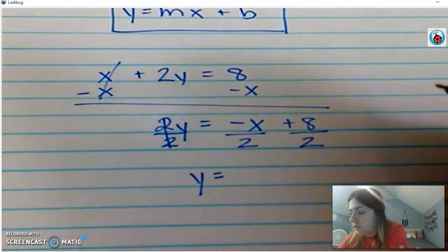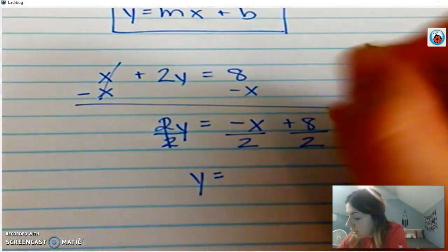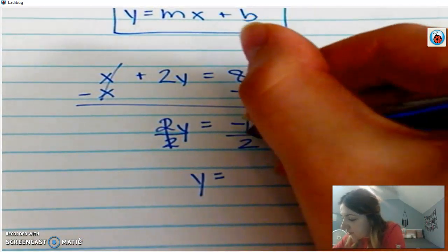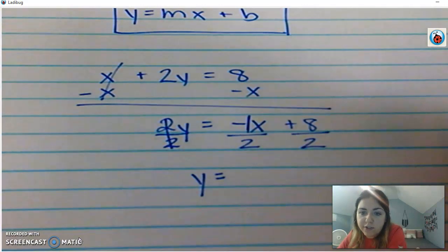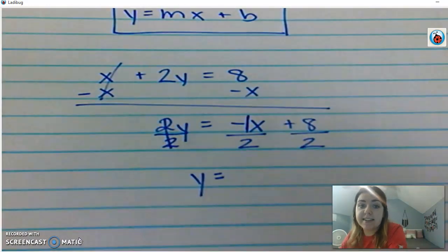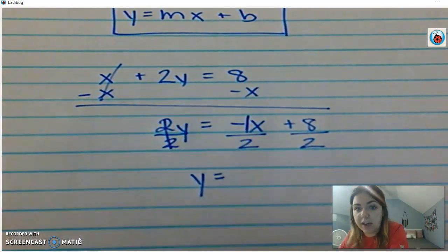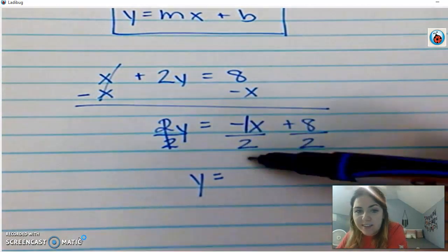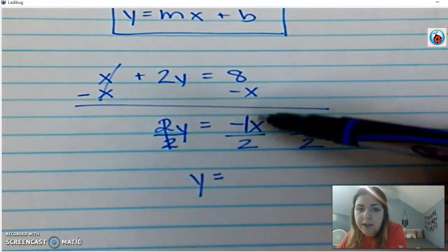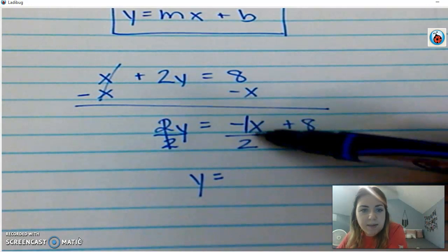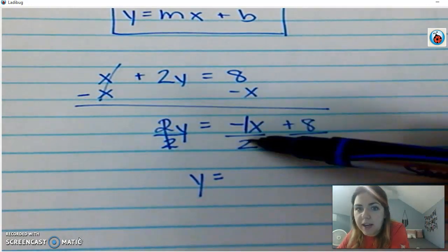Then, do not forget that there is a 1 right here in front of that x. It's negative x, but that's negative 1x, okay? So negative 1 divided by 2, because I'm just dealing with my numbers here, well, that doesn't simplify, right? That's just negative 1/2.